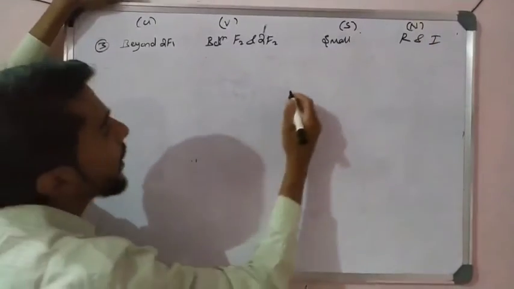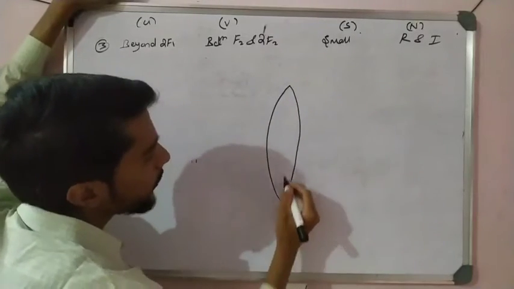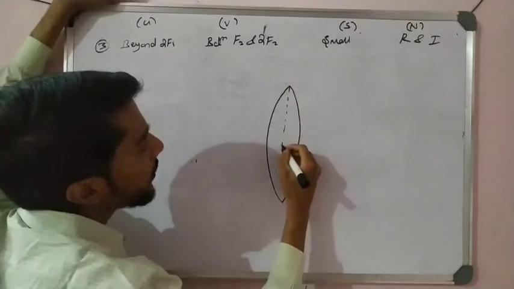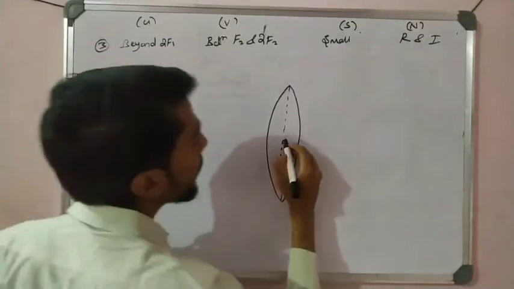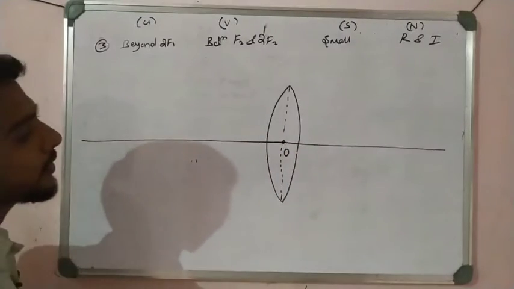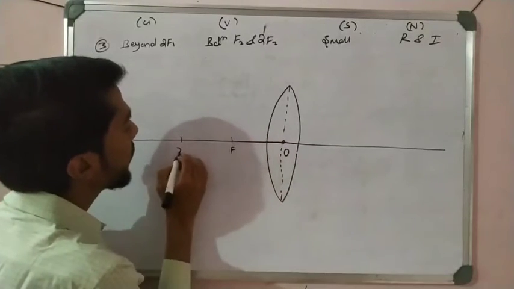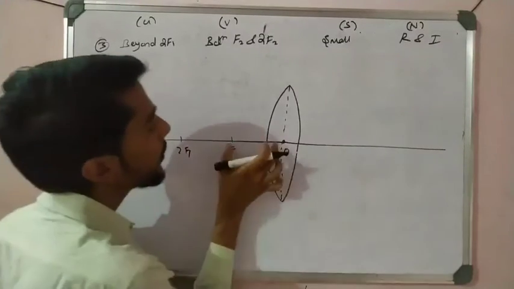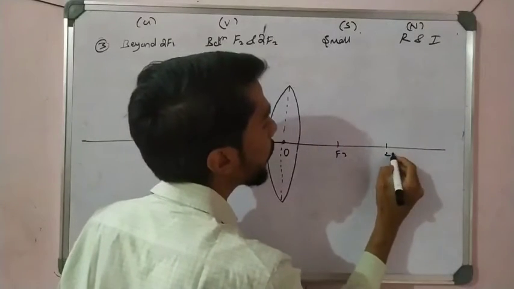So now take a lens, aperture, optical center O, this side principal axis, this side principal axis. Now it is F1, 2F1, F2, 2F2.